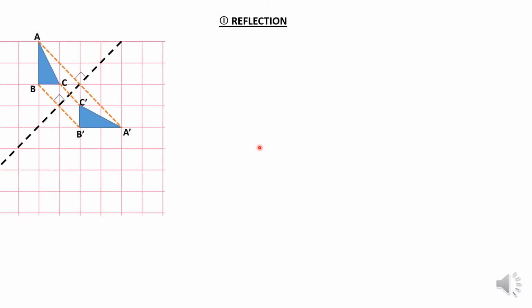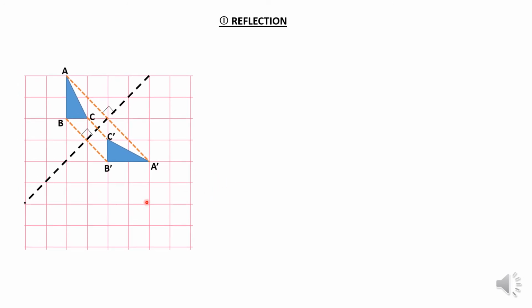Reflection is the one that we are starting with, all right? So if you have a quick overview of what I have here, I have a triangle ABC. I have got its image, all right? And then I have a dash line here. The dash line is what we refer to as the mirror line, or the line of symmetry, okay?